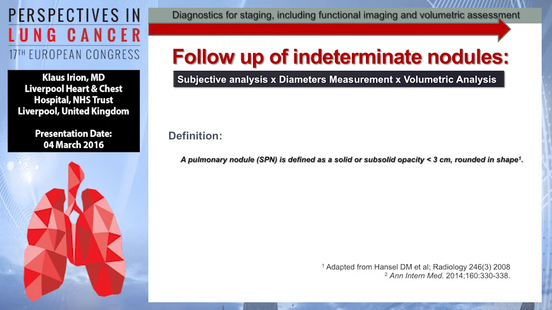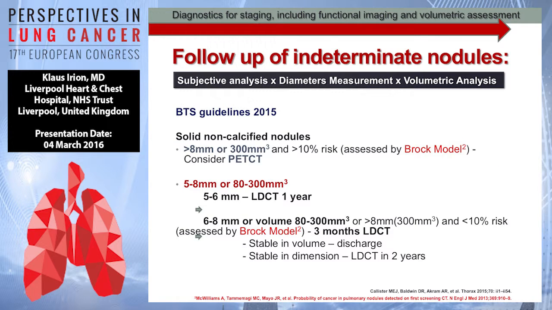So one of the things, and I'm just telling you what you know already, is that pulmonary nodules are below 3 centimeters, masses are above 3 centimeters. And we are not going to talk about nodules bigger than 1 centimeter here mainly. We are mainly concentrating on the smallest ones, and especially the solid nodules.